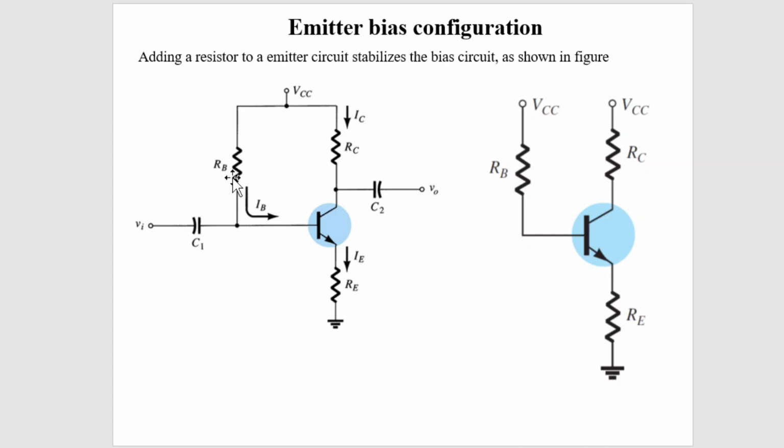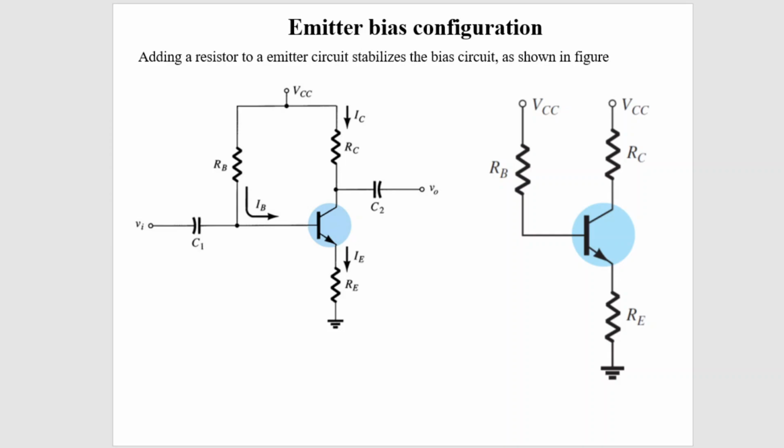The circuit remains similar to the fixed bias configuration, we just introduce one emitter resistance at the emitter terminal. That improves the stability and the insensitivity with respect to beta. This is called the emitter bias configuration, and we solved some numerical problems showing why emitter bias is stable and insensitive compared with fixed bias.